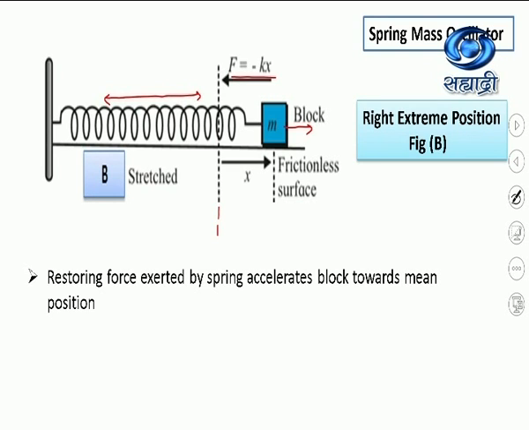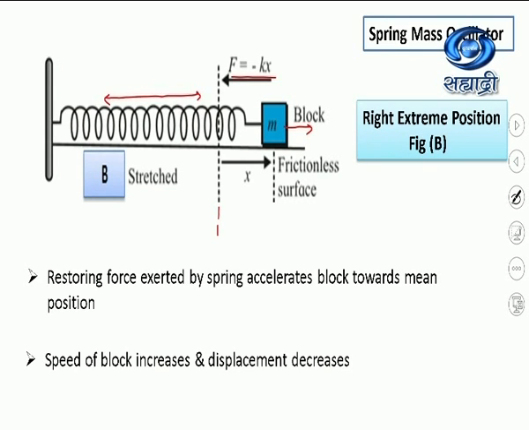From the right extreme position, if it is released, then the restoring force is experienced by the block due to the spring, which accelerates the block towards the mean position. Because of this, the speed of the block goes on increasing, and the displacement of the block goes on decreasing.